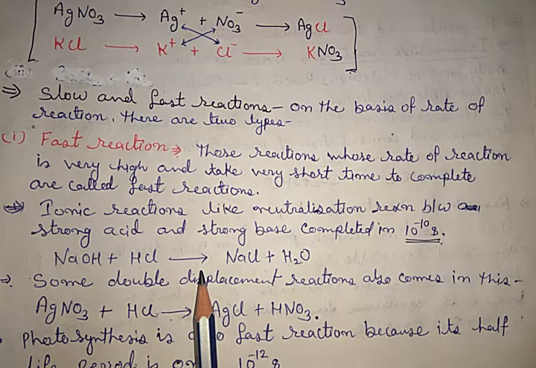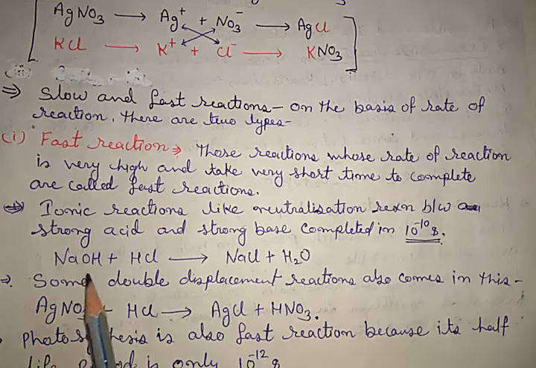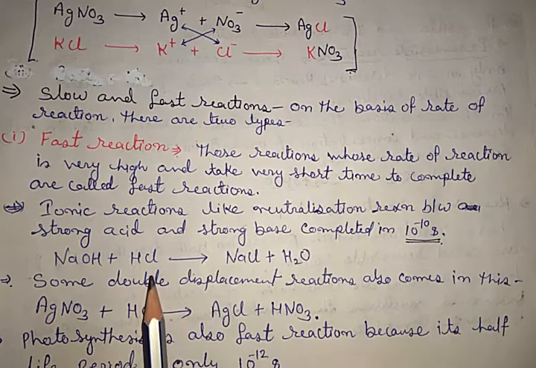Here, if we consider its mechanism, NaOH, that is Na plus and OH negative, combines with HCl, that means H plus and Cl negative.